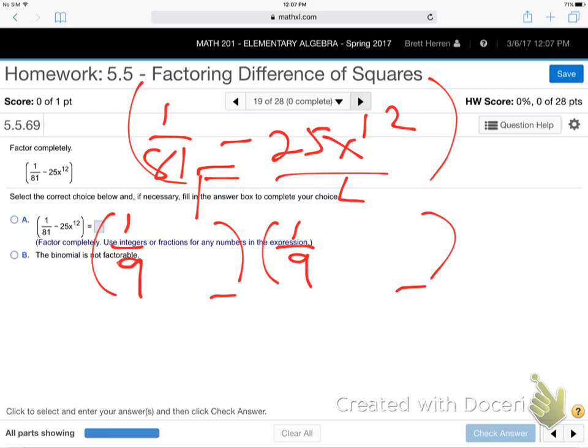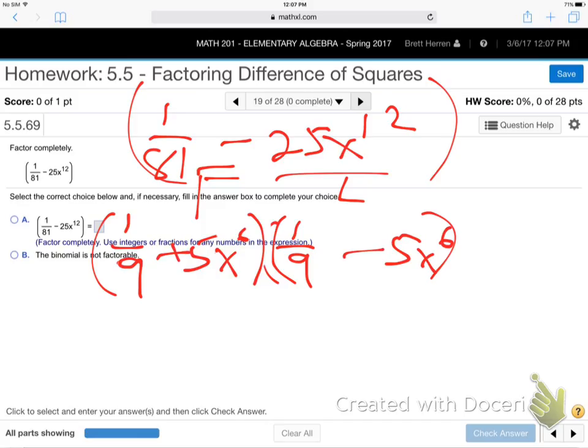Good job. 5x, remember powers add, right? 5x to the 6th. One plus, 1 minus. There we go. Is that good? Making sense?